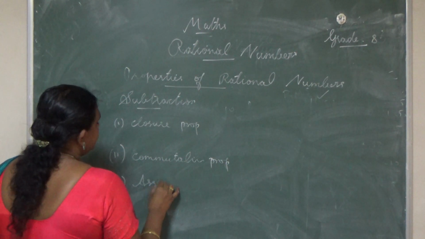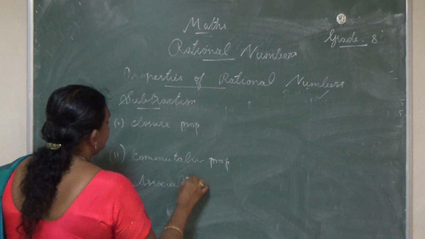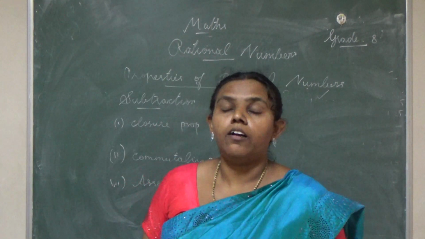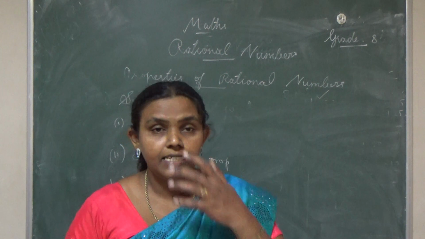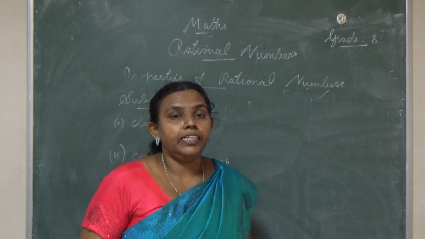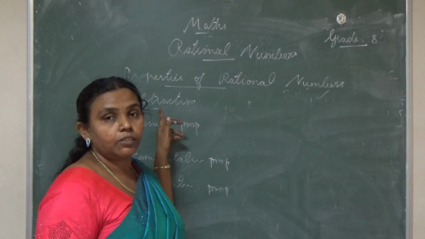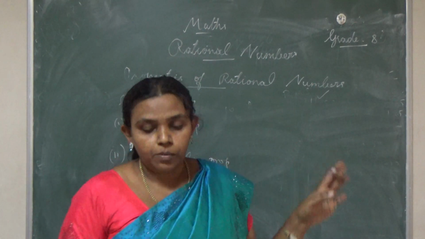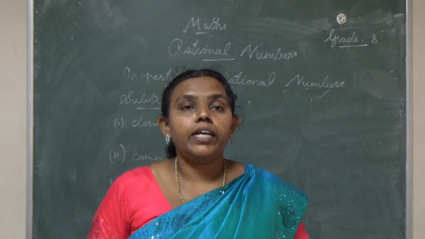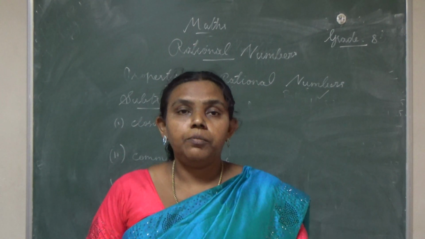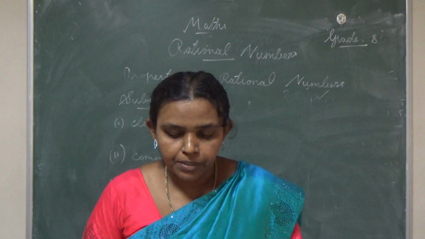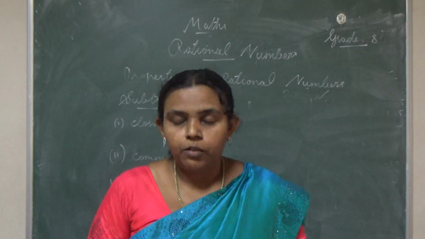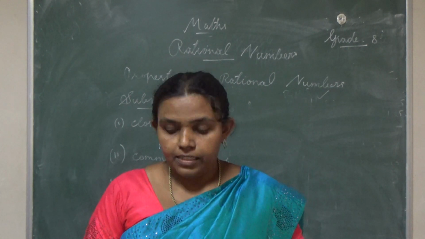Keep in mind, for subtraction we have only 3 properties. We will see everything elaborately in the next class. Today I have given only the introduction. Only the closure property will be true for subtraction. The other properties won't hold. For addition both sides are equal, but for subtraction it won't be equal. That we will see in the next class. Okay, thank you students.